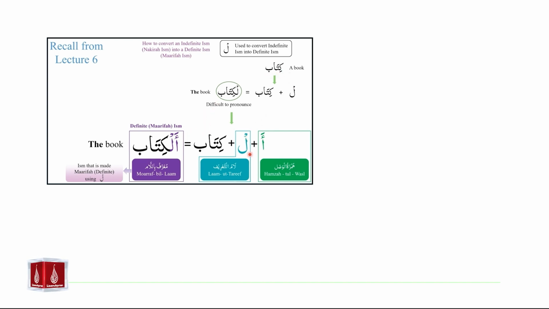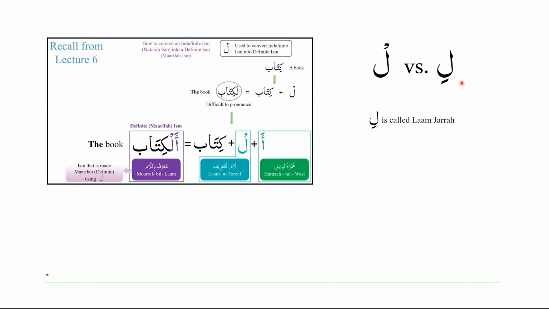Laamut Tarif will be identified as Laam with sukoon on it. So we have two Laams. One is Laam with the sukoon on it, which we have used already as Laamut Tarif. The other is Laam with Zair underneath it. This Zair is fixed, and this is Laam Jarrah or Laam harf jar.